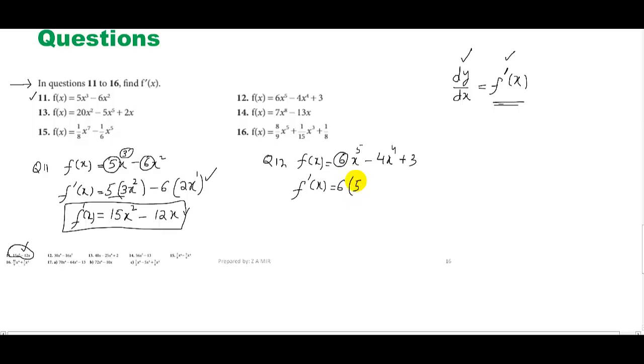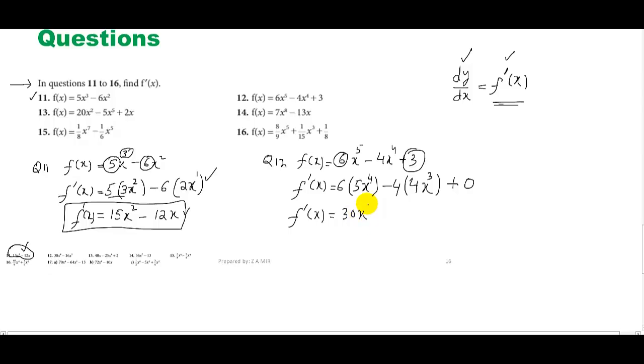Bring the power down and subtract 1 from the power. Minus 4. Bring the power down and subtract 1 from the power. And this is the constant. The derivative of constant is 0. So after simplification, this is our final answer.